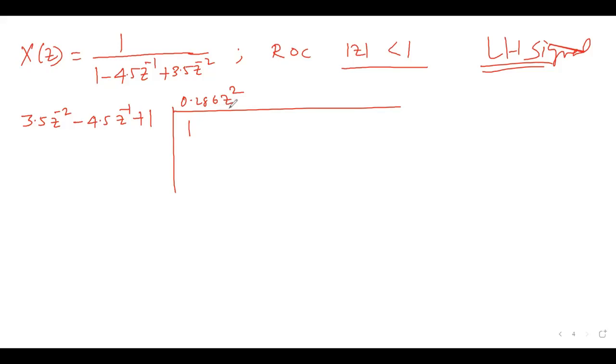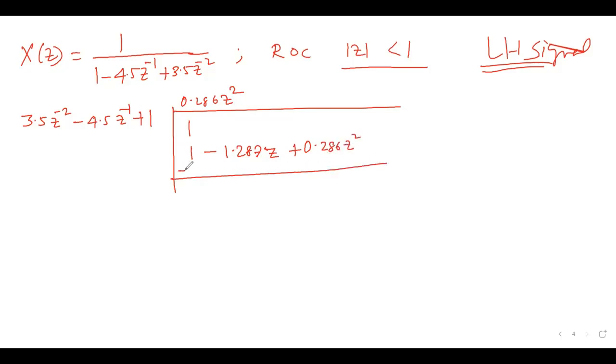So that means you have to multiply by 1/3.5 z square to get 1, so it will be 1, and 0.286 multiplied by 4.5 is 1.287, 1.287 z square into z to the power -1, so z to the power 1, plus 0.286 z square.